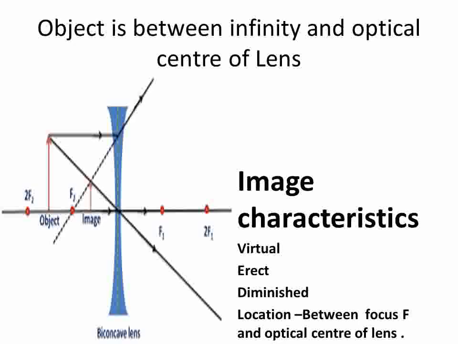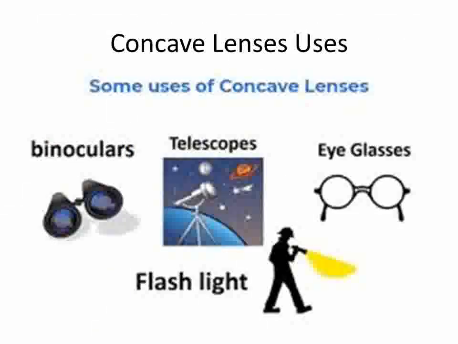Diminished, smaller in size, location between focus F and optical center of the lens. Usage of concave lenses: binoculars, telescope. Cassegrain telescope is one of the types of telescope in class 12. Eyeglasses for correction of myopia, and flash glass.